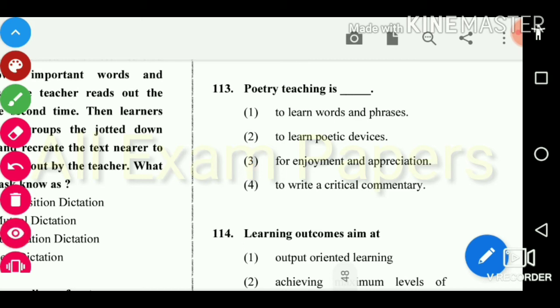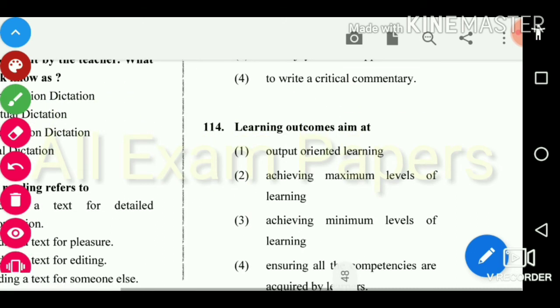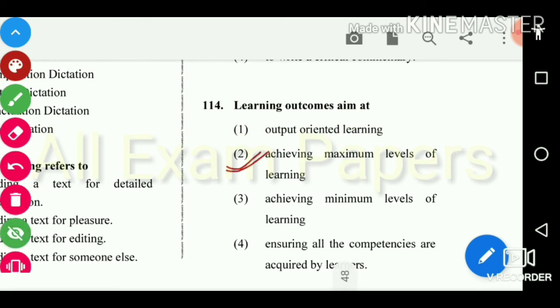Next question is learning outcomes aim at. Option number 1, output oriented learning. Second is achieving maximum level for learning. Third one is achieving minimum level for learning.